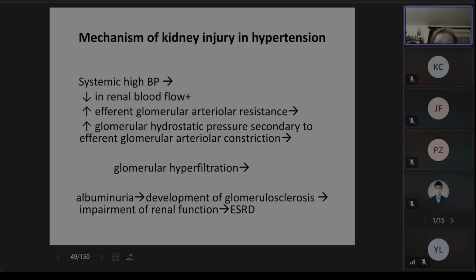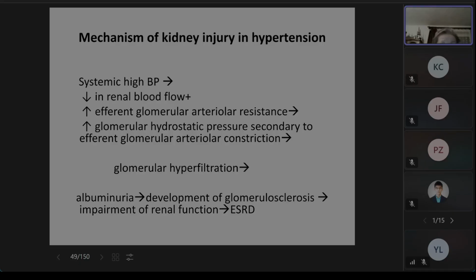This is possible in the following way. The systemic high blood pressure can lead to the reduction in the blood flow in the kidneys. Because of it, we can also observe the increase of the resistance of the efferent glomerular arteriole, and because of it, we can observe hypertension inside the glomerulus, which is secondary to efferent glomerular arteriole constriction.